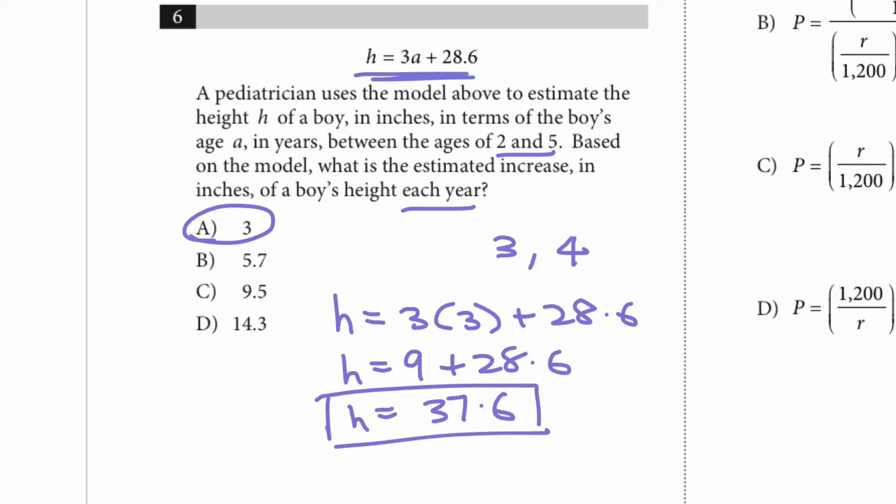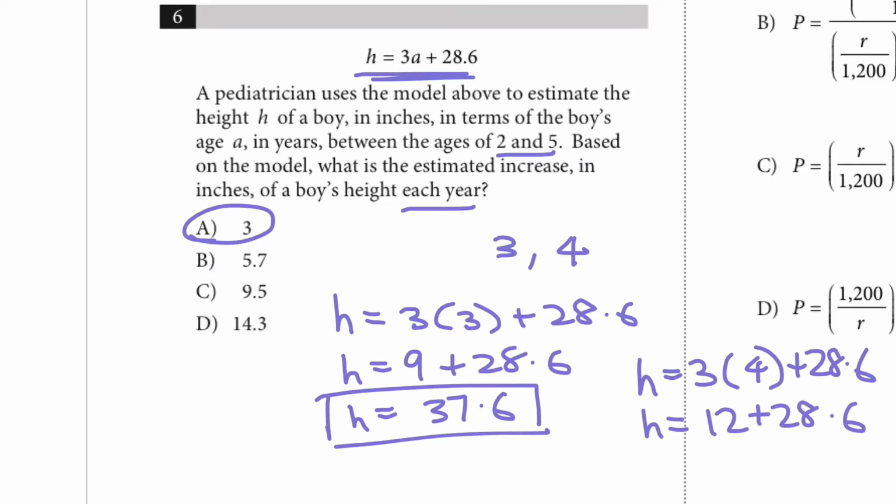I'm just going to cram it in here somewhere. H equals 3 times 4 plus 28.6. H equals 12 plus 28.6, which equals 40.6. So when the boy is 4, he's 40.6 inches.